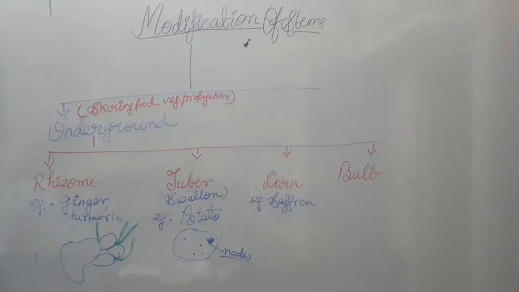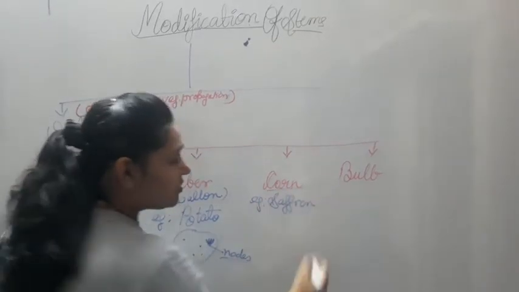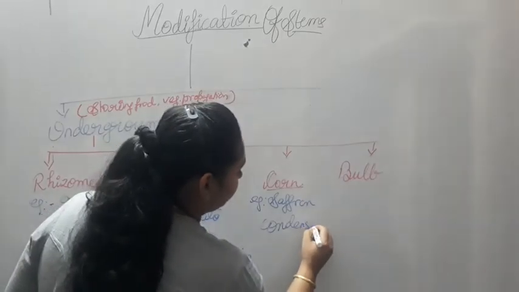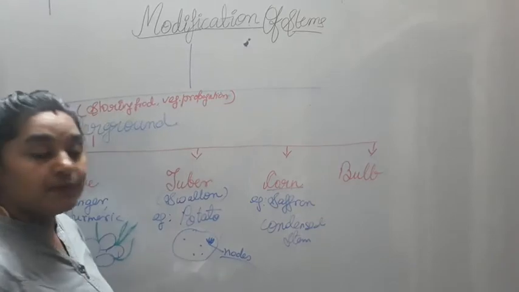Then we have the fourth one, which is the bulb. These bulbs are actually highly condensed. For example, like this corn is also a condensed stem, but bulbs are highly condensed.